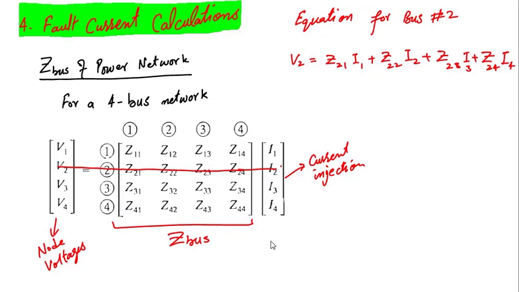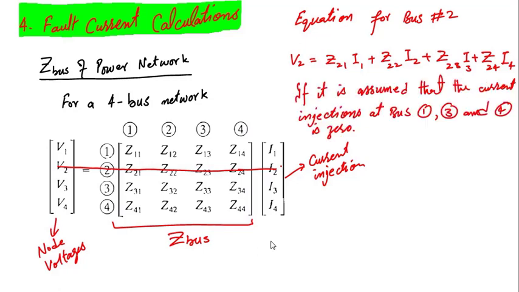Now in this equation, if we assume that the current injections at nodes 1, 3 and 4, that is currents I1, I3 and I4, are 0, the above equation will become V2 is equal to Z22 into I2.